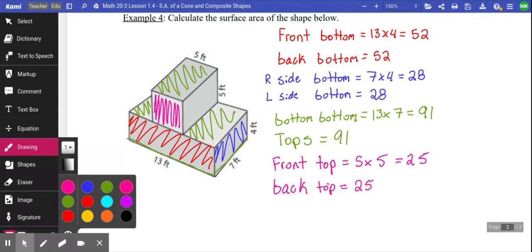And then we have the right side, which would be 5 times 7. So the right side of the top would be right over here, which is 7 long, and then 5 up. So 7 times 5, which is 35. Awesome. And then the left side.